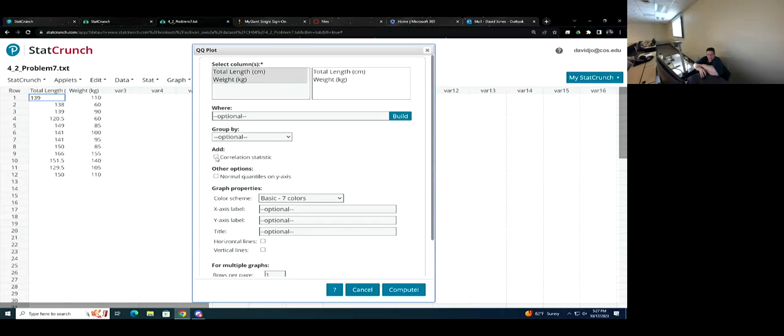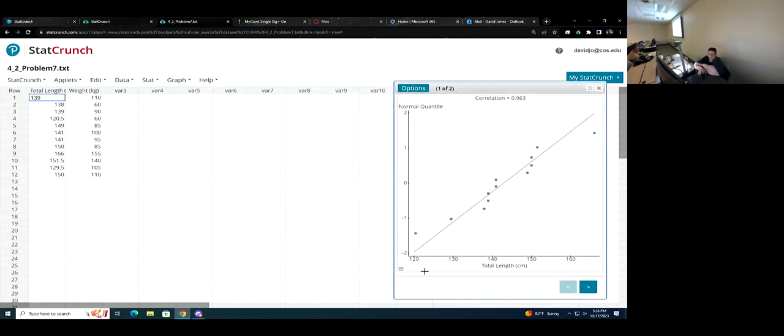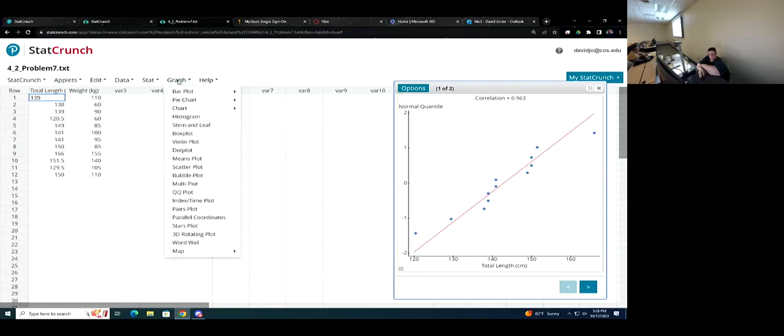These are the two boxes you wanted to add: correlation statistics and normal quantiles. And they make a line with dots. And we saw a line with the dots with these guys before.